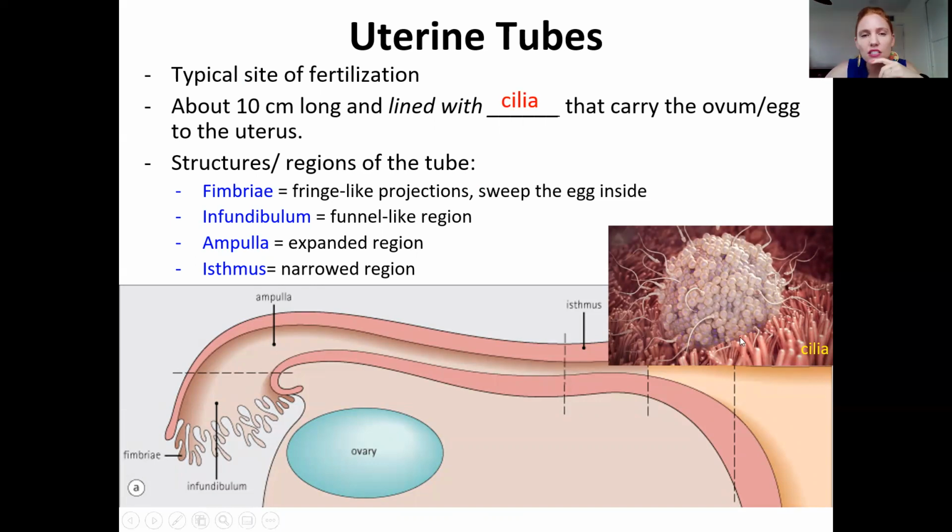Those cilia move all together, and they create this current that draws the oocyte towards the uterus. So this is usually the site of fertilization, which just means the penetration by the sperm. That's going to happen around the uterine tubes, usually.